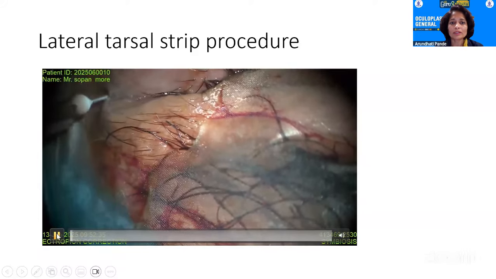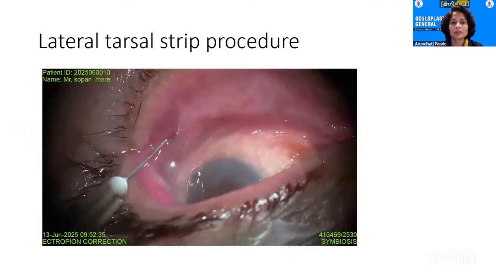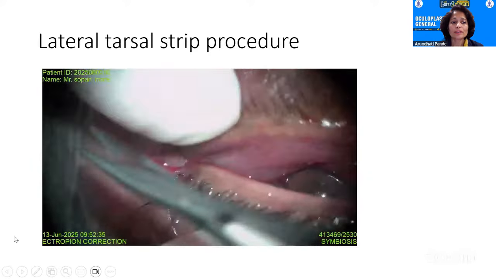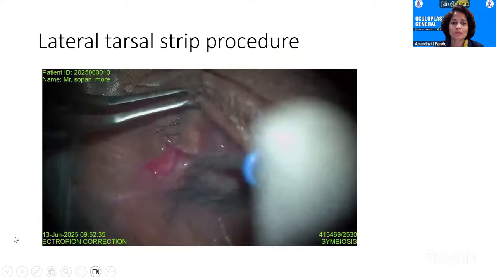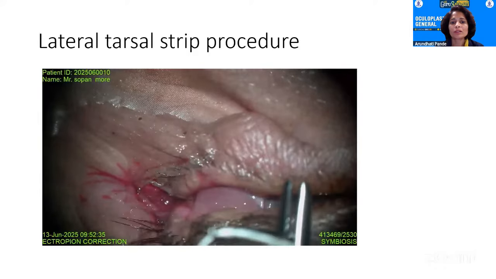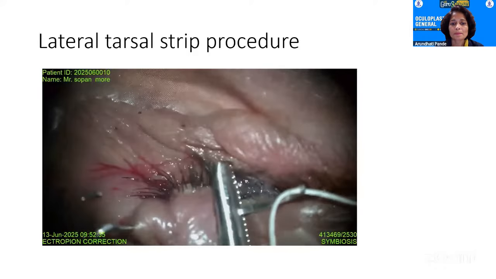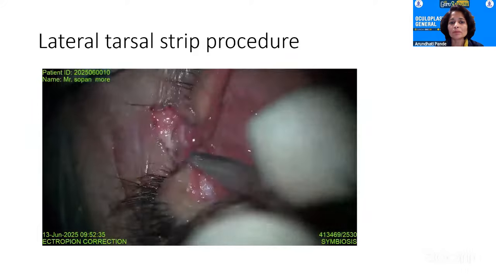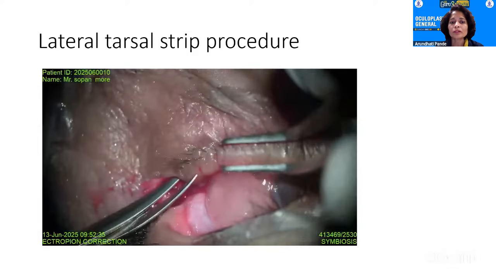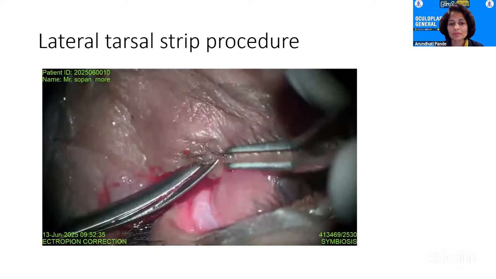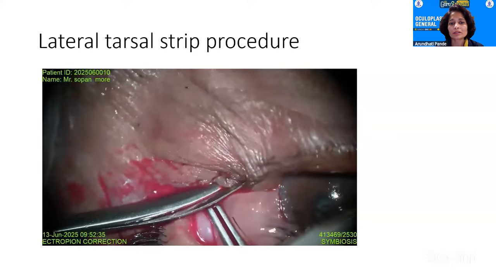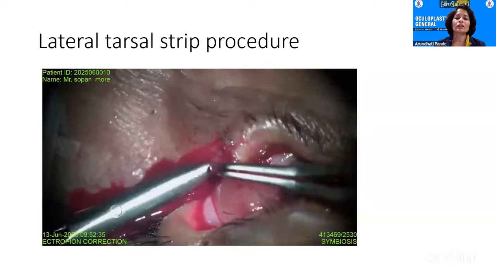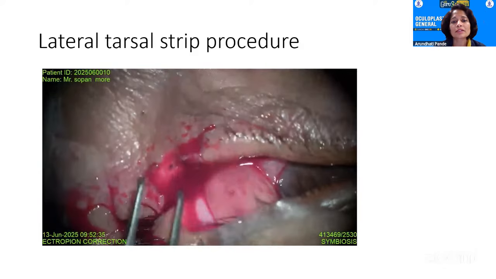After giving local anesthesia, lateral canthotomy is done. I'm just going deep inside to make a tarsal strip. So I'm cutting it with a scissor. This is our tarsal strip.